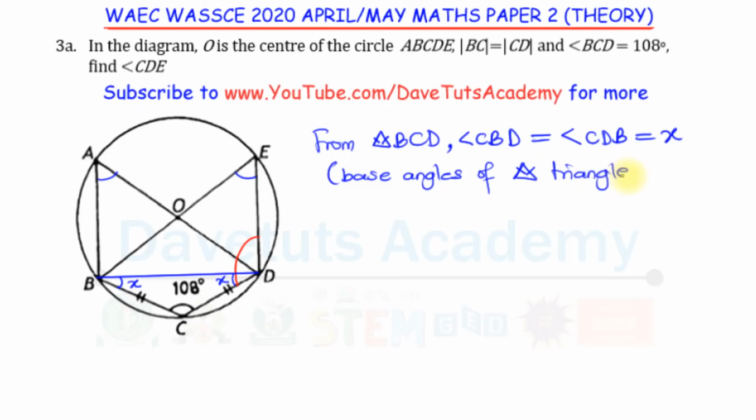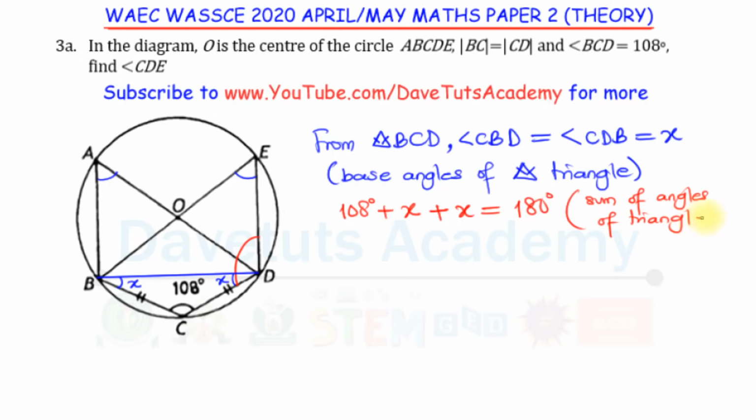Since I know that, I can now go ahead to add up the sum of the angles of that particular triangle. So from the same triangle BCD, I can say the 108 degrees that we are given, plus X, which is the angle here, plus the other X, they are going to sum up to 180 degrees because they are the sum of angles of a triangle. That implies that 2x is equal to 180 minus 108.